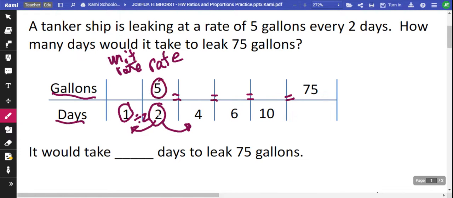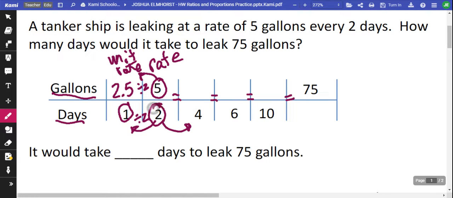So once you divide the 2, the bottom of the ratio, by 2, you're going to do the same thing to the top. 5 divided by 2 is 2.5. So the ratio 5 to 2 simplified down to a unit rate is going to be 2.5 gallons every day.